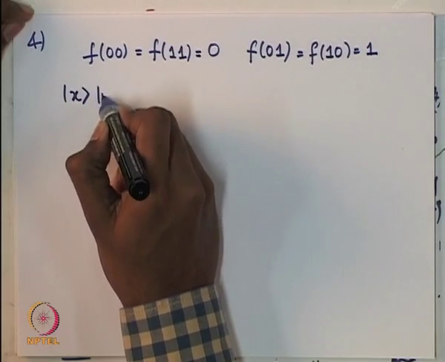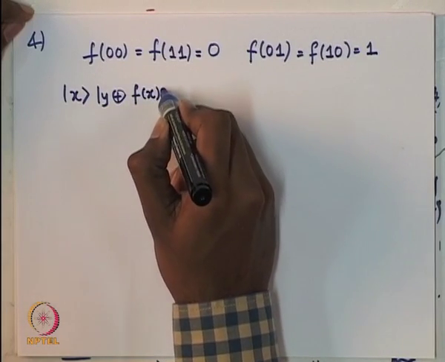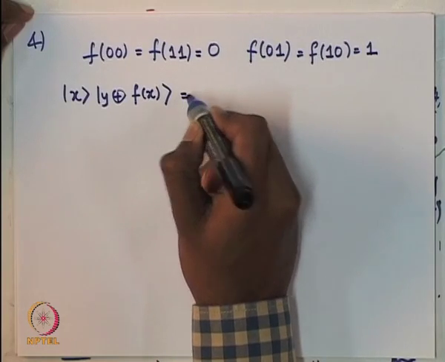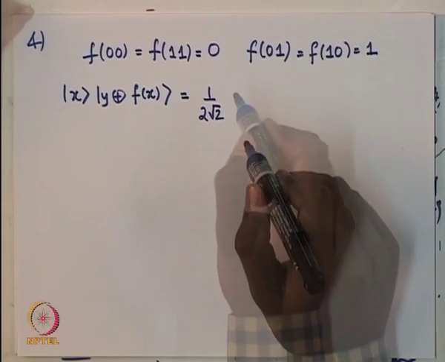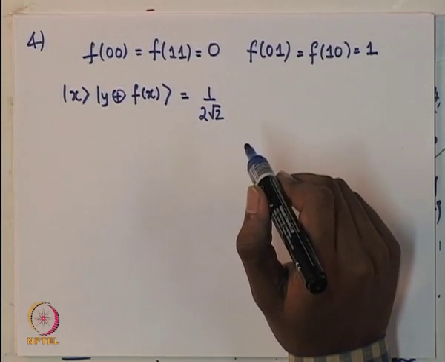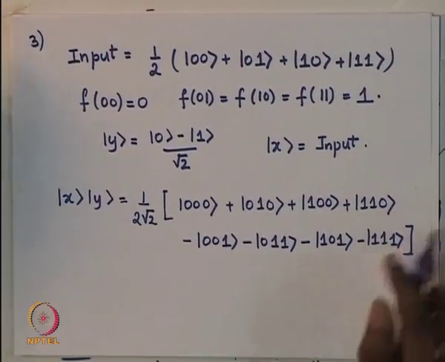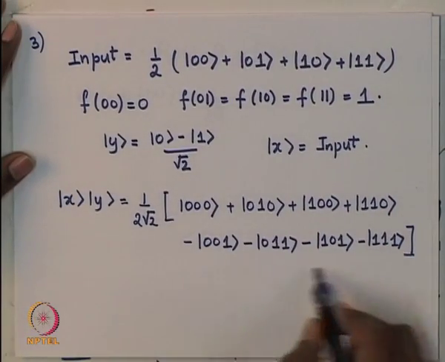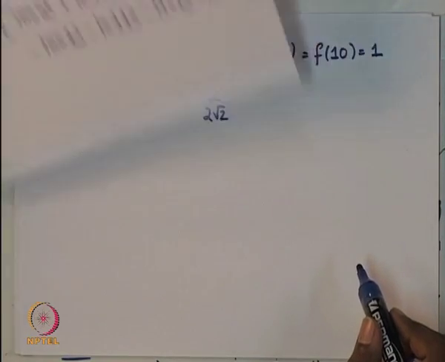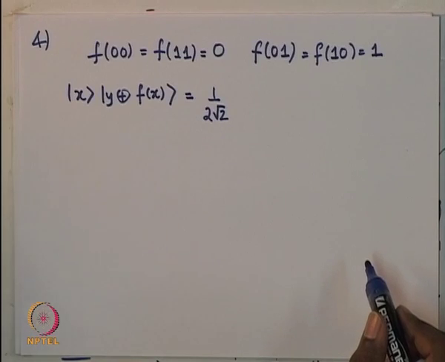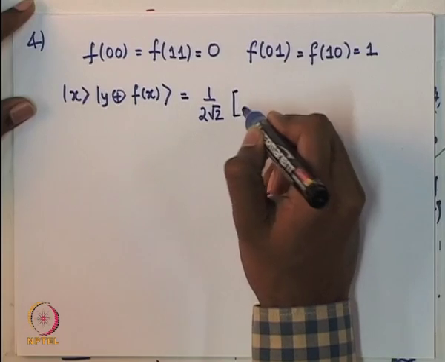So now we are directly writing the output of the oracle. This is the input to our oracle now. Now we are writing the output of the oracle.